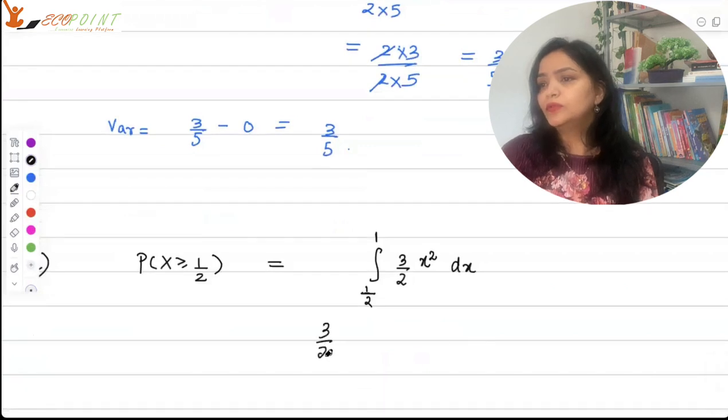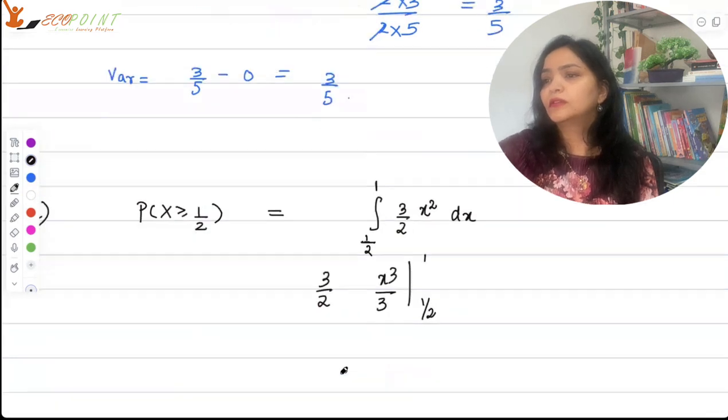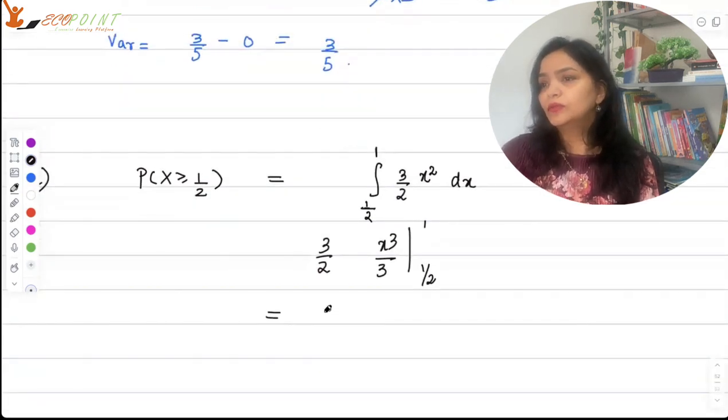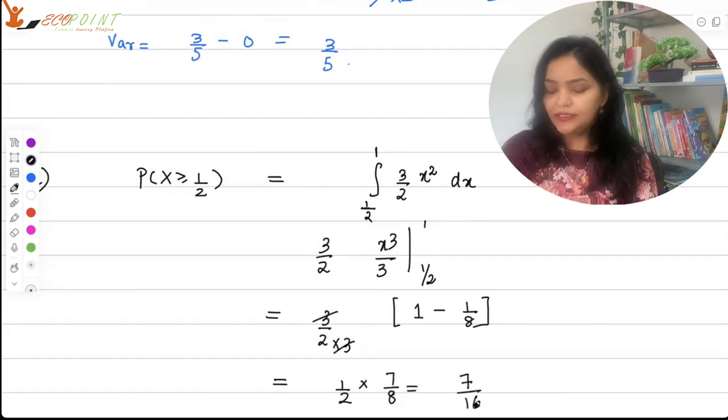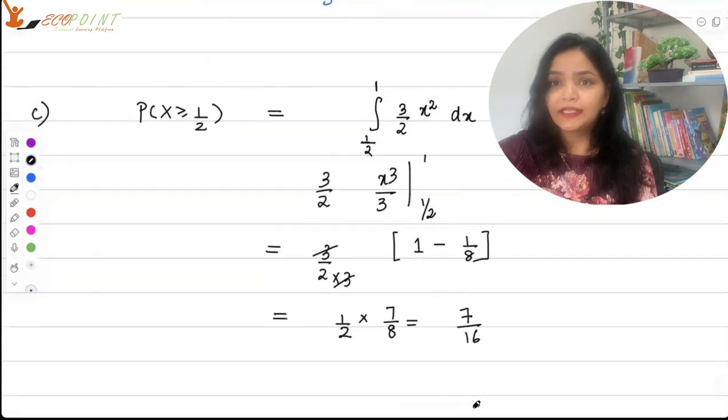So 3 by 2, you can keep it outside, and x cube upon 3 from half to 1. So this will give you 3 by 2 into 3, and here you will have 1 minus 1 by 8. In other words, you will have 1 by 2, 3 cancels, into 7 by 8. That is 7 by 16, which should be the correct answer.